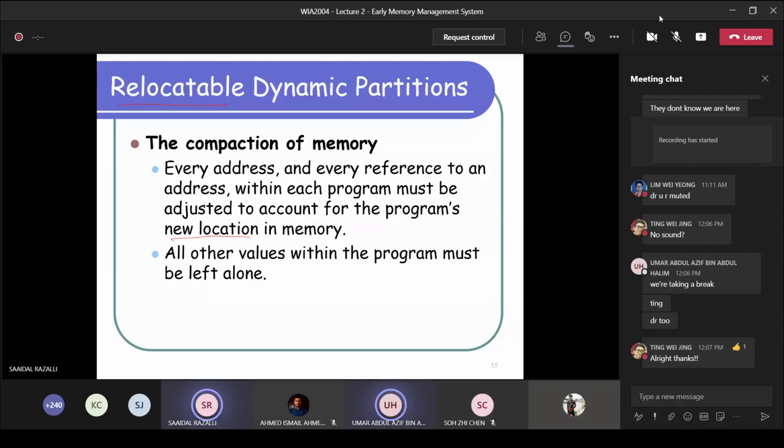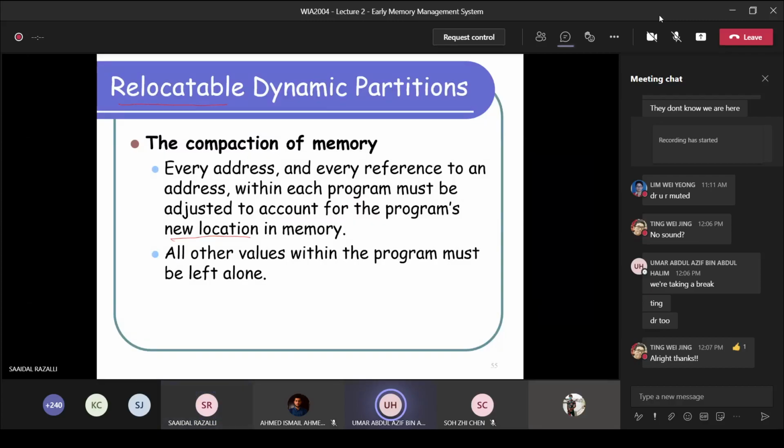I'm sorry, interrupting you, but is it like imagining the physical random access memory, the stick, the slot? I'm trying to understand what you're explaining.